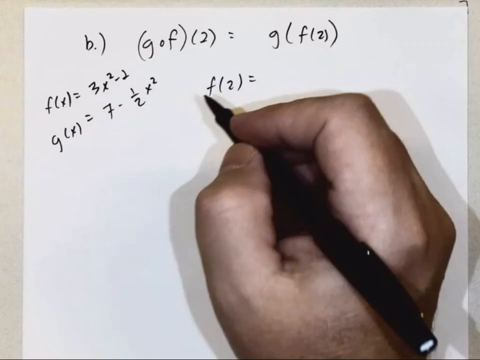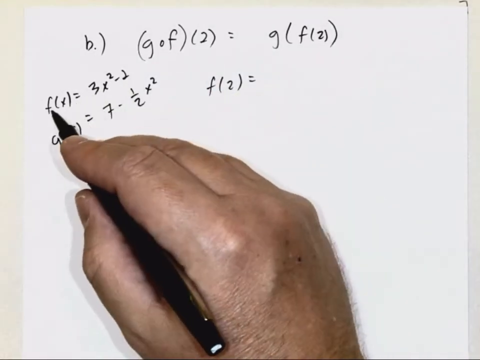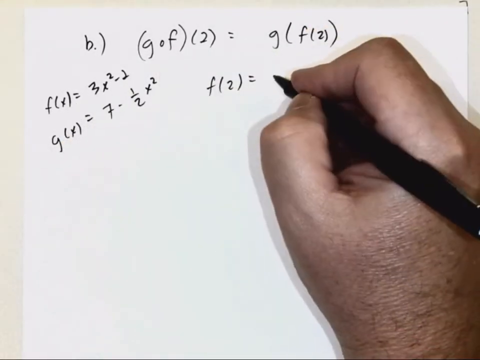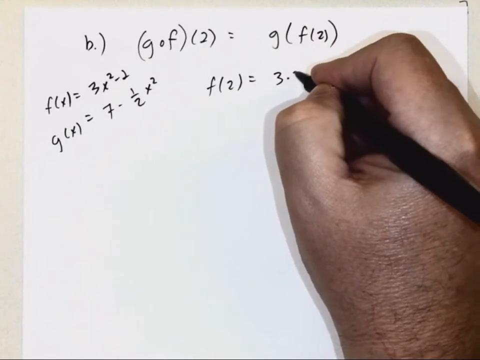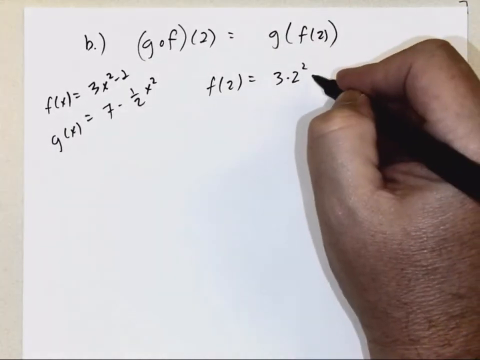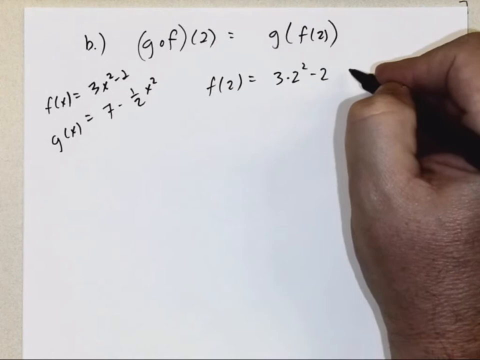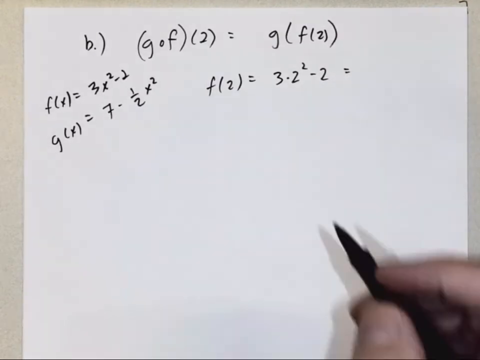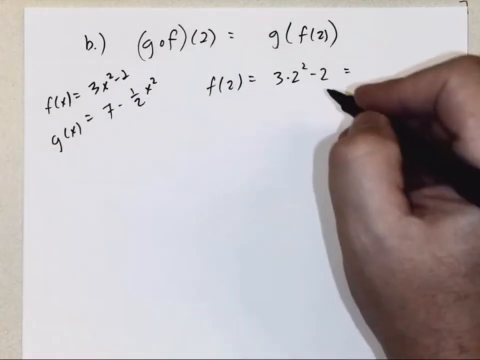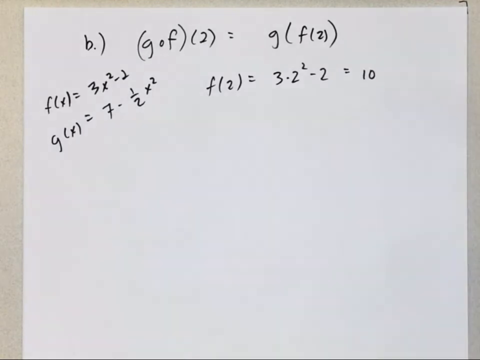So f of 2, you put a 2 in for x in the f function. So it'll be 3 times 2 squared minus 2. 4 times 3 is 12. 12 minus 2 is 10. Looks like f of 2 equals 10.